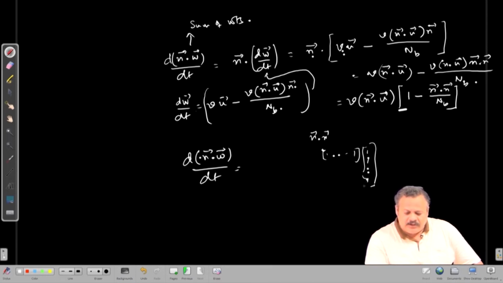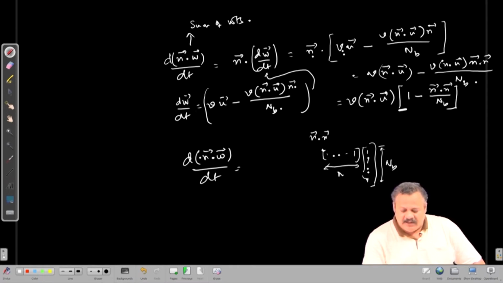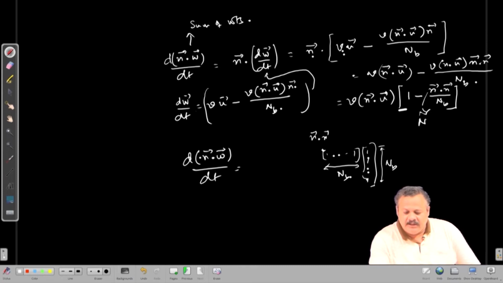So, it is basically the sum of n b ones, because the number of elements is n b here, and here also the number of elements is n b. So, this becomes n b. So, if this becomes n b, then this whole term goes to 0.